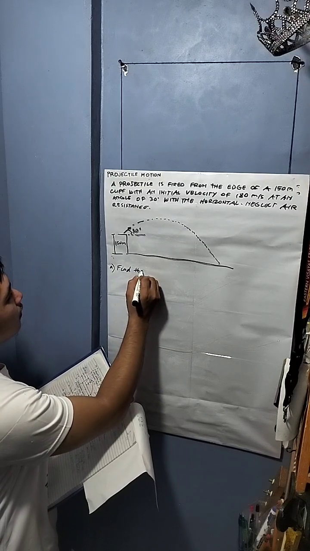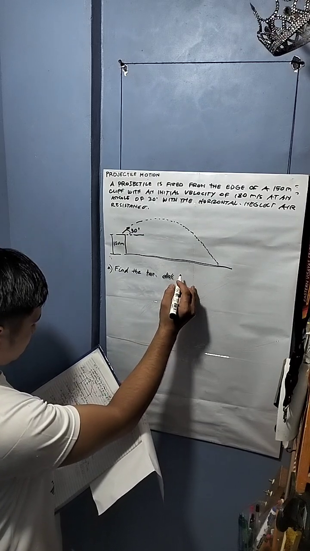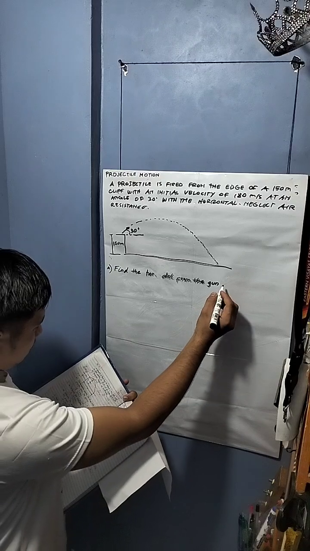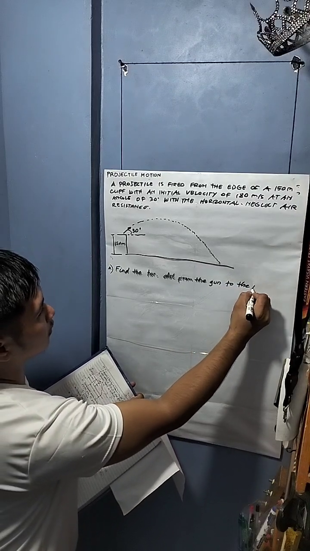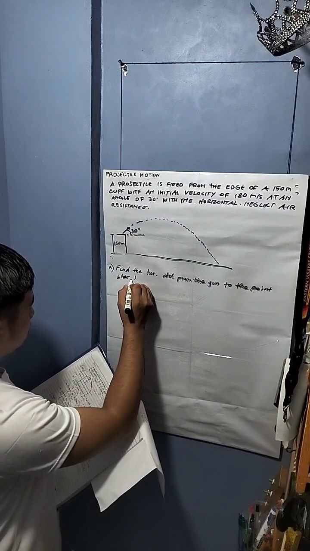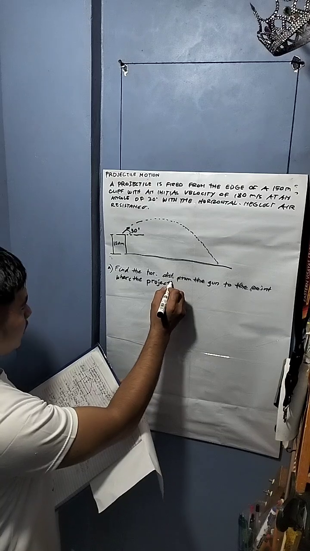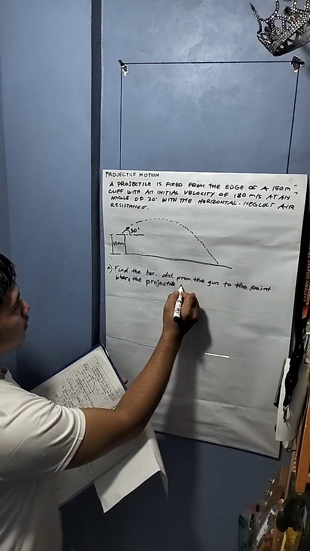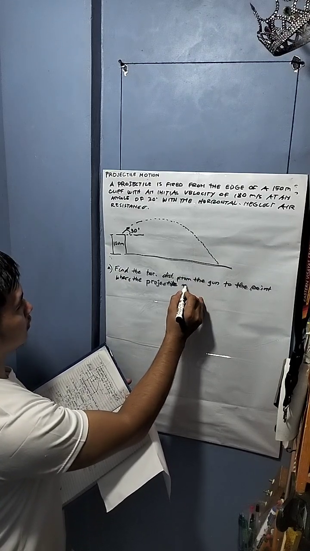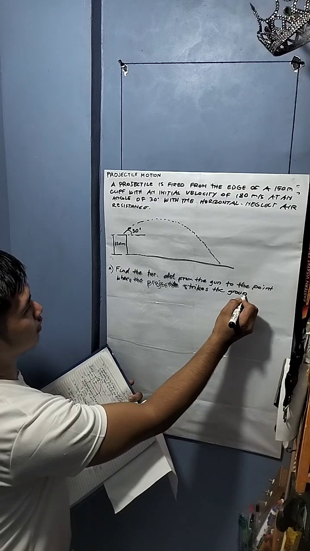Find the horizontal distance from the gun to the point where the projectile strikes the ground.